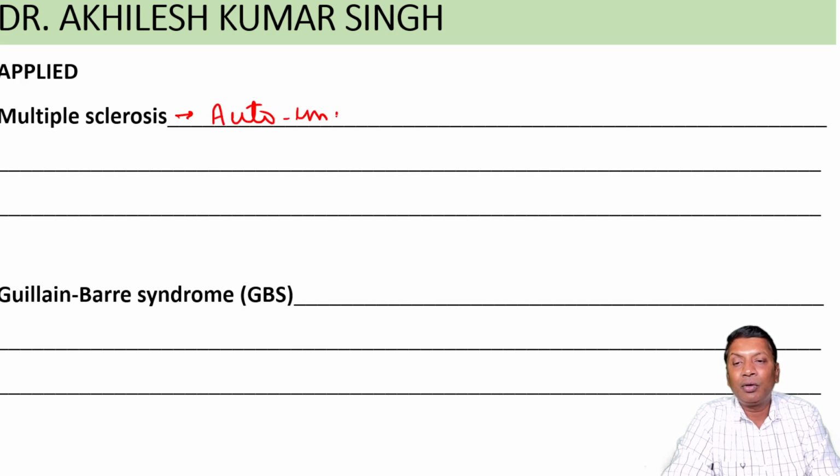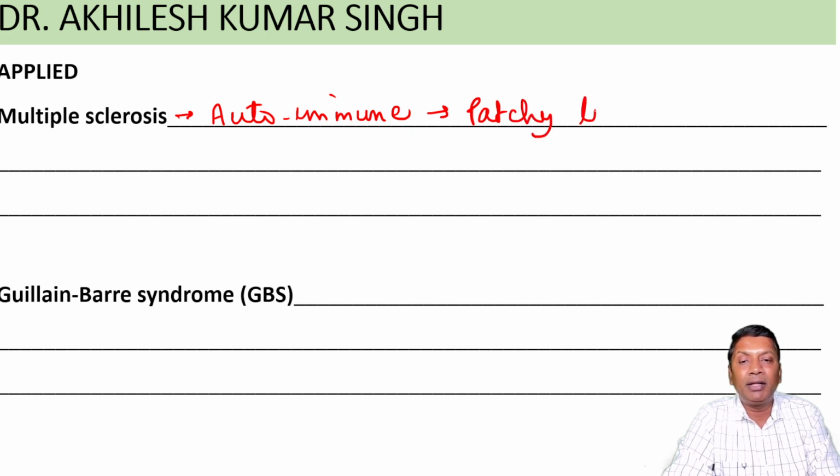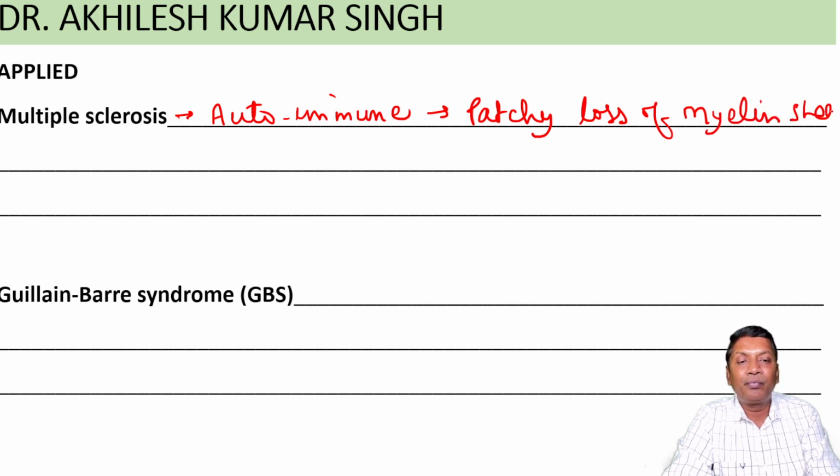In this autoimmune disease, there is patchy loss of the myelin sheath in central nervous system, and this patchy loss of myelin sheath is due to lesion or damage to the oligodendrocyte.